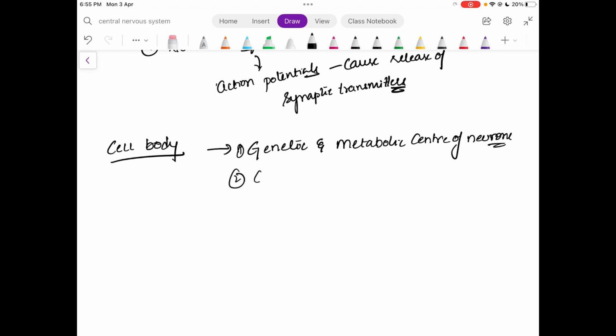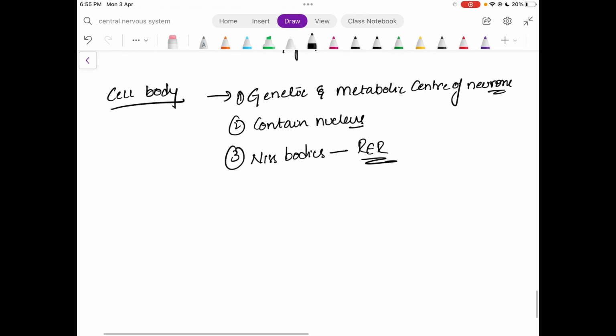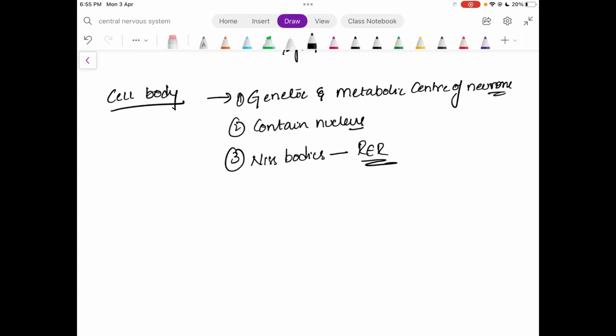So it will contain the nucleus, they will have Nissl bodies, rough endoplasmic reticulum. Nissl bodies will synthesize proteins, like ribosomes, and they are present on the rough endoplasmic reticulum. They have the Golgi apparatus.